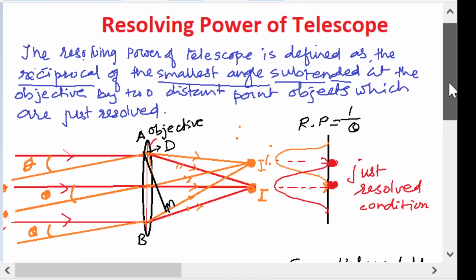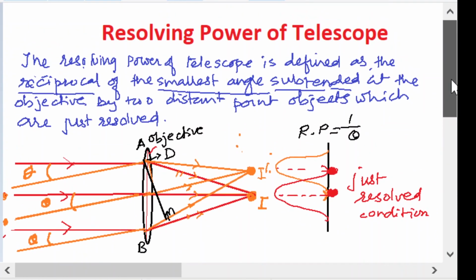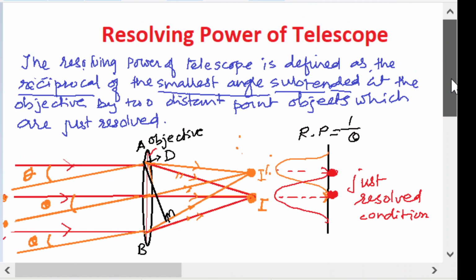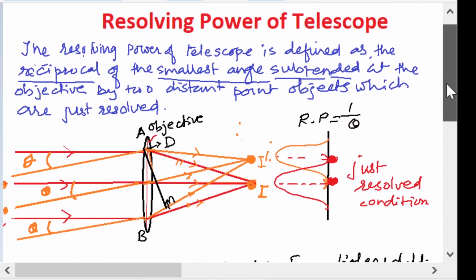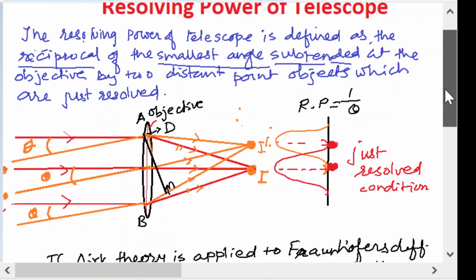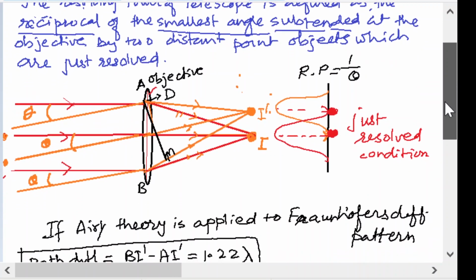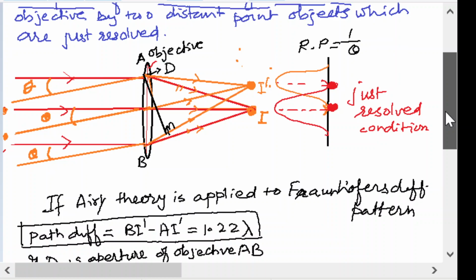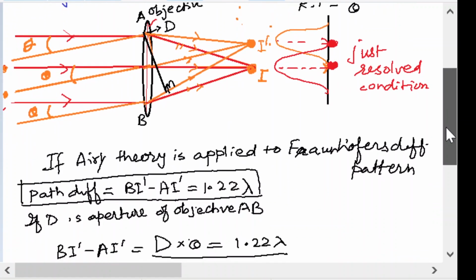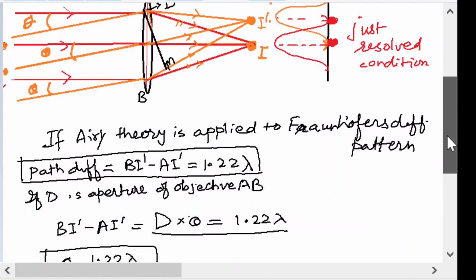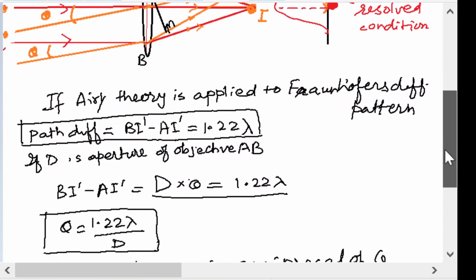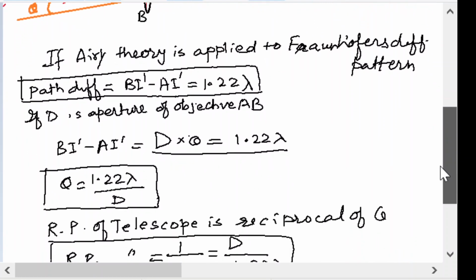So just go through it. Whenever a question arrives on the resolving power of telescope, you have to write the definition of it first, and then go through the diagram, and depending upon the diagram you will write these equations.